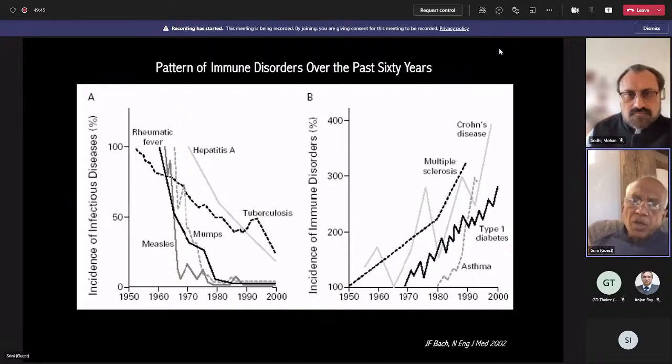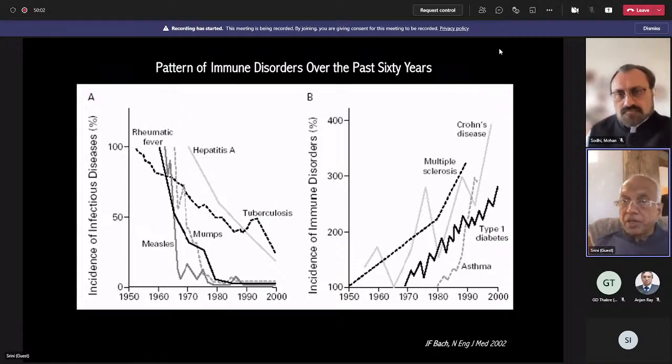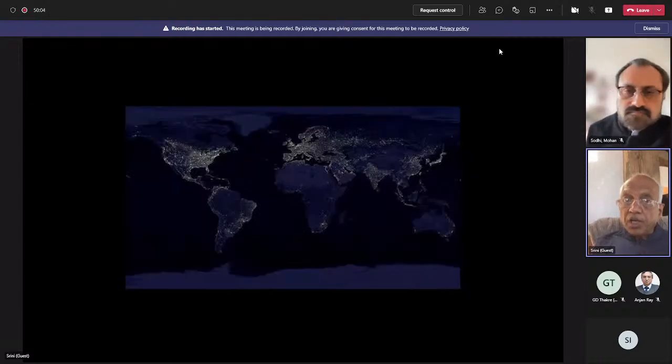On one hand, thanks to antibiotics and other drugs, we controlled the emergence of these infectious diseases. But at the same time, we started seeing the emergence of other new diseases, or at least exaggeration of these diseases. So what did we do?